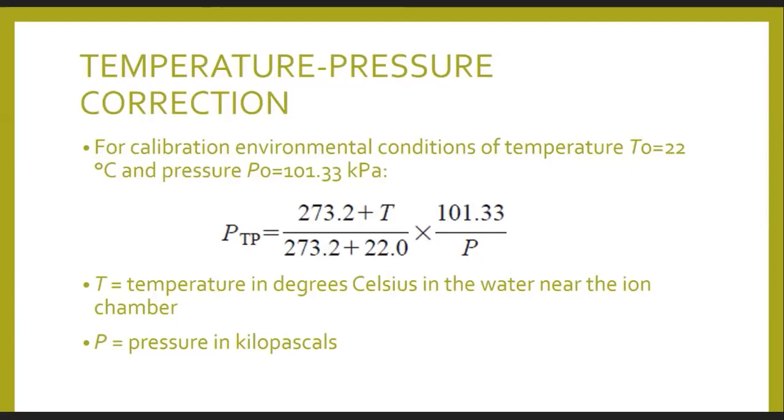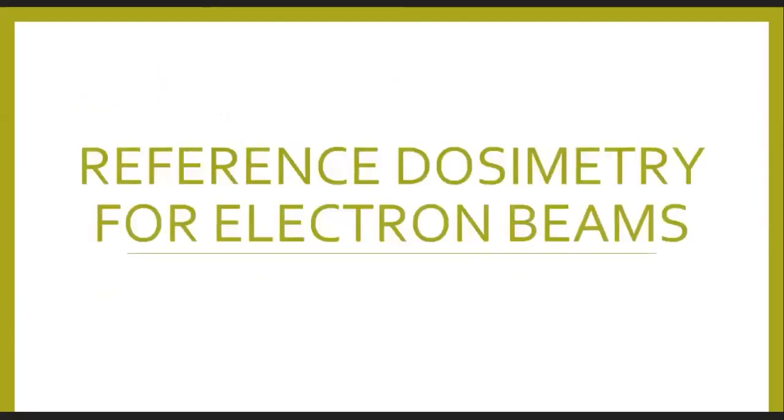So it will affect the accuracy of the charge collected and our measurement, and it has to be corrected. The temperature here is given in Celsius and the pressure in kilopascal. So by this, we end the dosimetry for photons, and we can move to the reference dosimetry for electron beams.